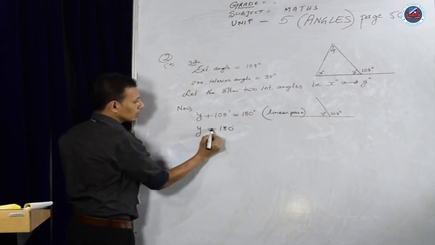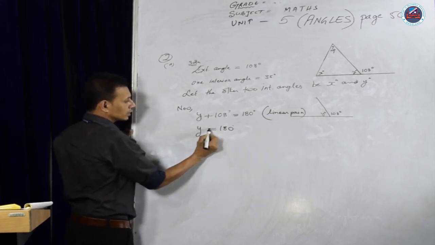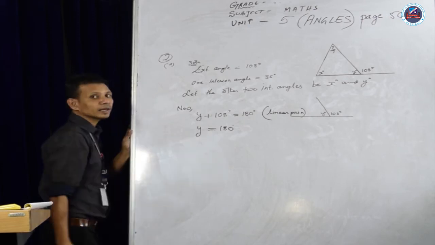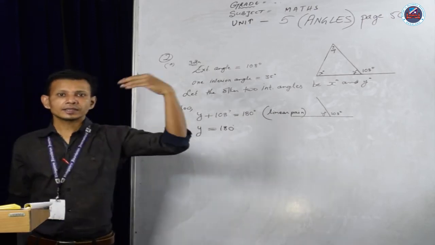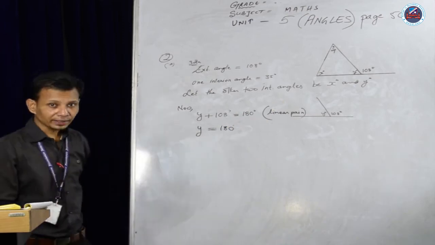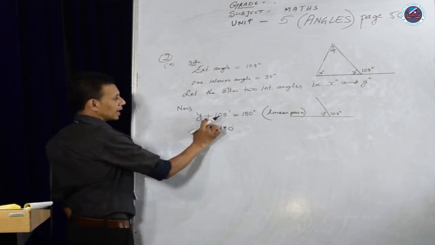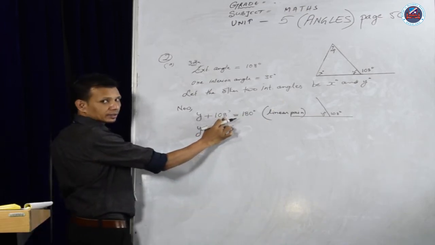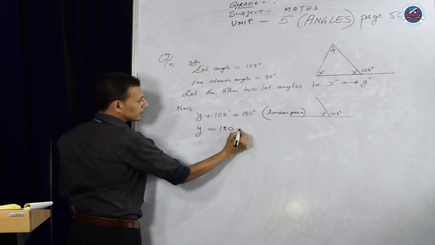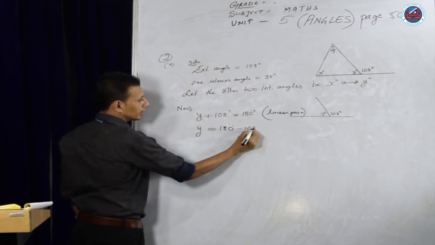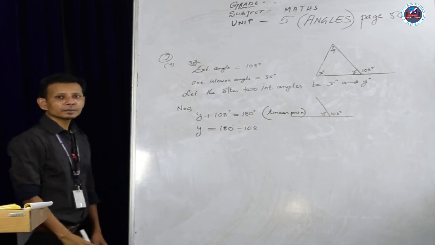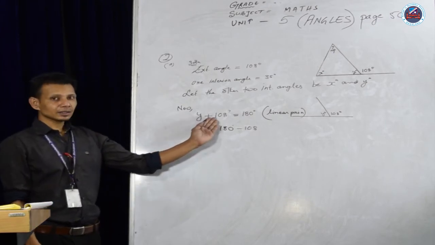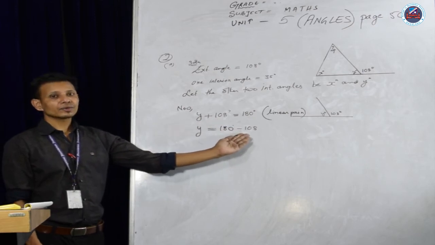Now all these are on the right hand side because the equal sign is here. What happened? Side change, sign change. So plus 108 will become minus 108. Why? Because it was on the left hand side, now it is on the right hand side.